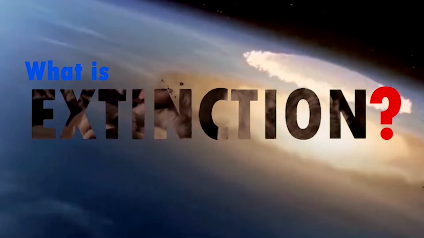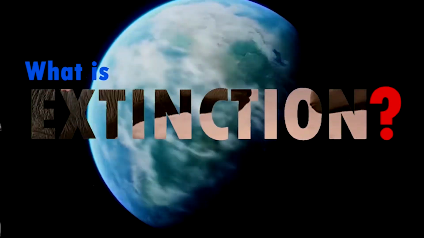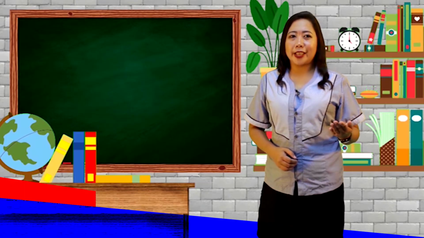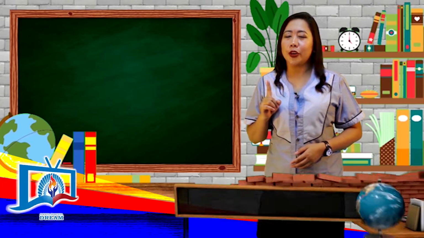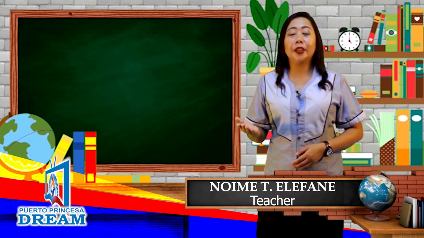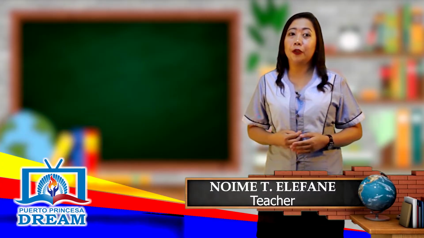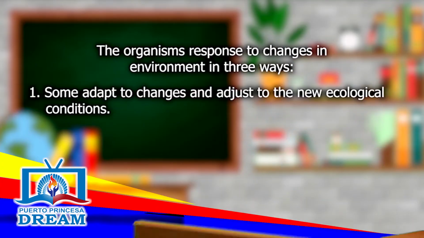What is extinction? There are countless organisms that once inhabited the earth. When the environment undergoes changes, the population of organisms respond in 3 different ways. 1.